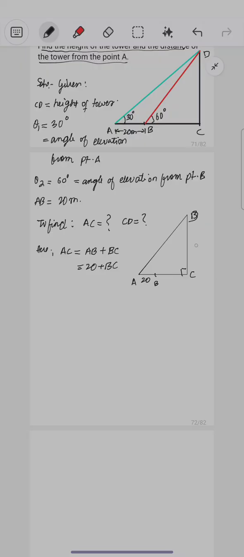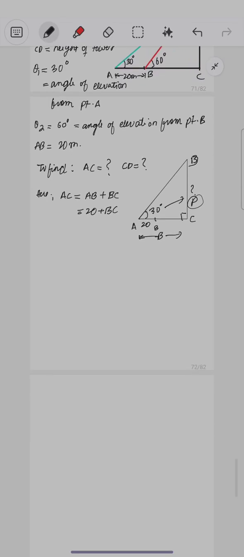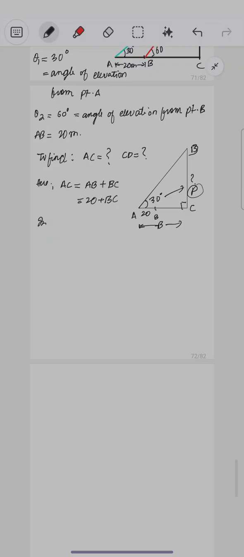Now this is D. The angle 30 degree, perpendicular, triangle ACD. So in right triangle ADC, tan 30 is perpendicular by base.